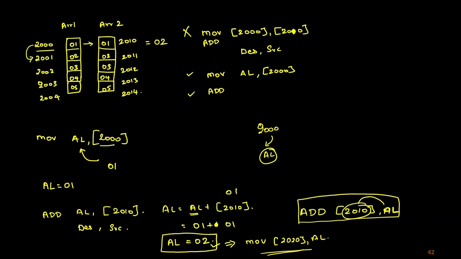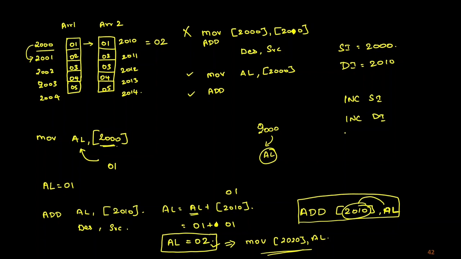So I should not give 2000 again. Previously I declared SI as 2000 and DI as 2010. After every addition operation, I can increment SI and DI so it jumps to the next memory locations.